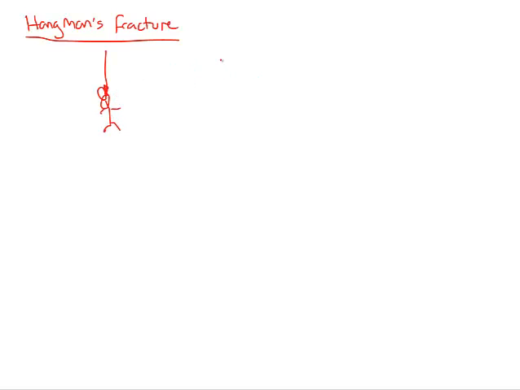And what this does is that it causes violent hyperextension. This violent hyperextension causes an abrupt stop, and it completely destroys your C1, C2, and even possibly C3.